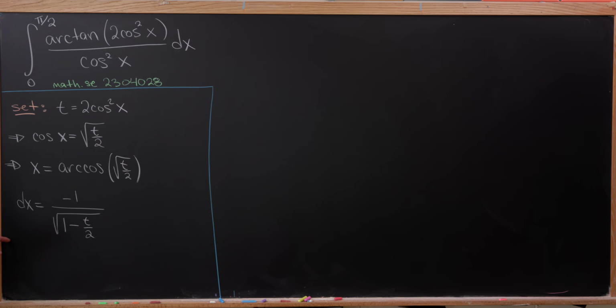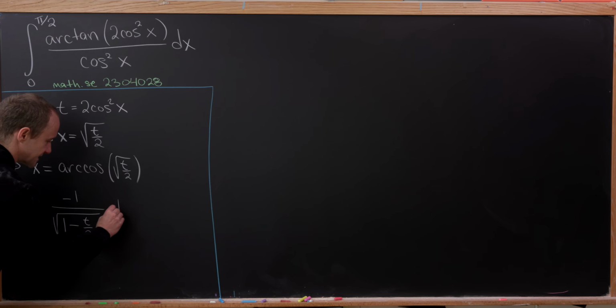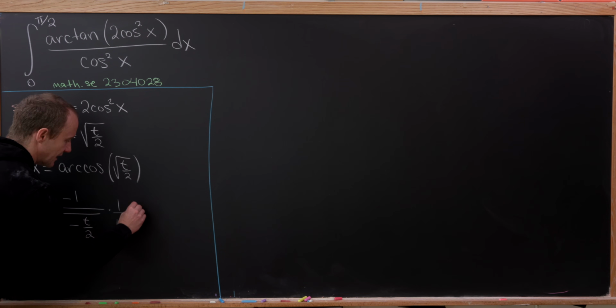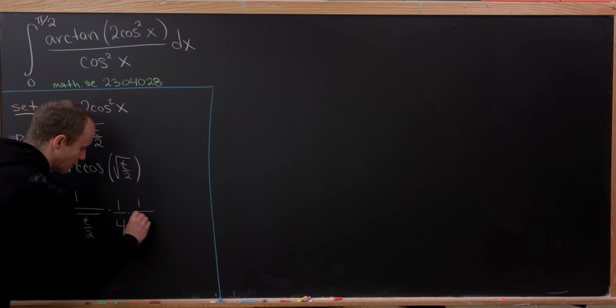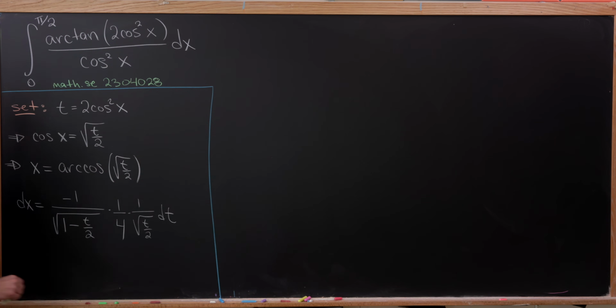Then we have to use the chain rule, so we need to take the derivative of the square root of t over 2. Notice that's going to give us a 1/4. We get a half from the square root, and then also a half from the argument of the square root, again with the chain rule. And then we'll have times 1 over the square root of t over 2 dt like this.